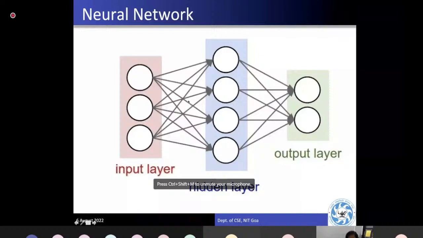Very simple point, everybody knows that these are the neurons, and the idea came from human beings only, how the human brain is trained, by looking at a picture, how it can identify whether it is an animal, a tiger, or a lion. That is the idea that came into the neural network point of view.